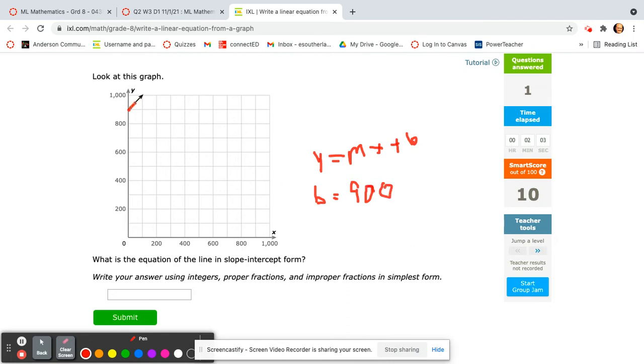And so then the rise is up 1 and over 1, and they're counting by 100. So you can just say that the slope is 1, or 1 over 1. A rise of 1 and a run of 1. And so for this one, we're going to type in y equals 1 over 1x, and then plus 900 because it's a positive 900.